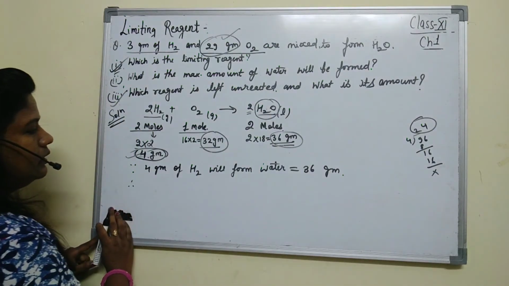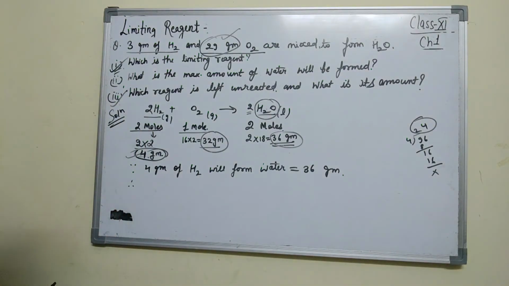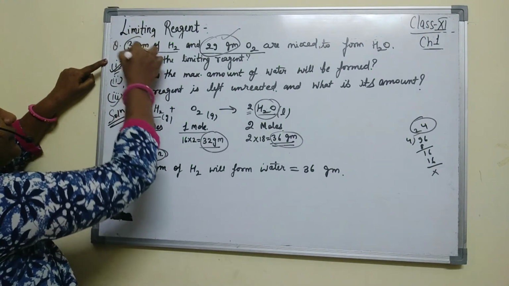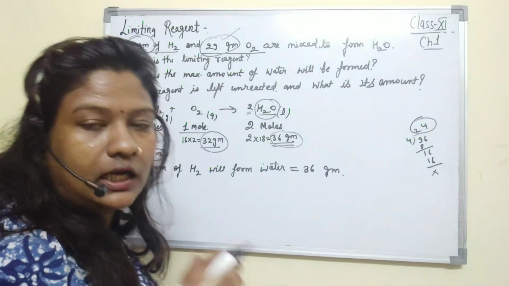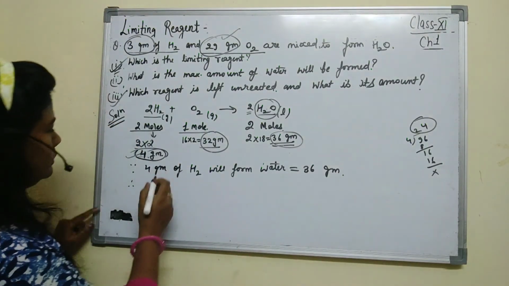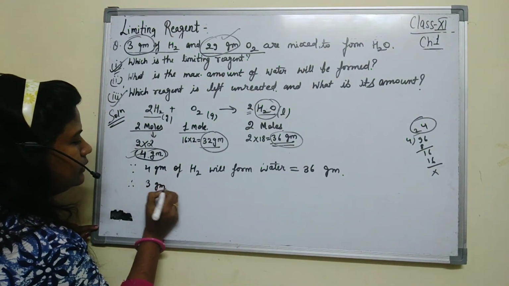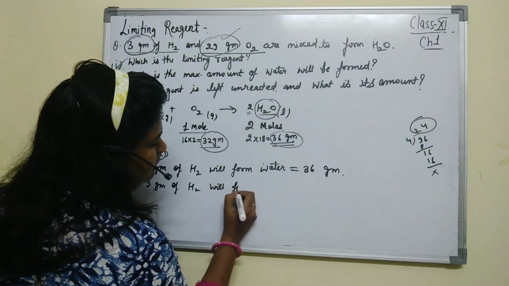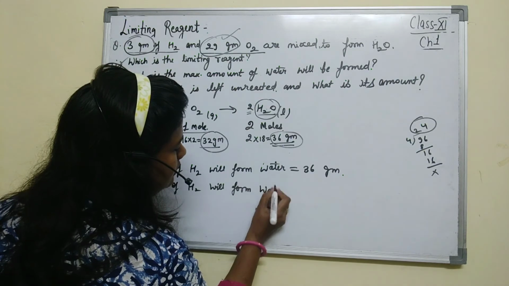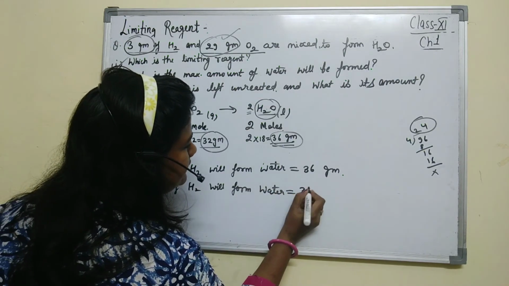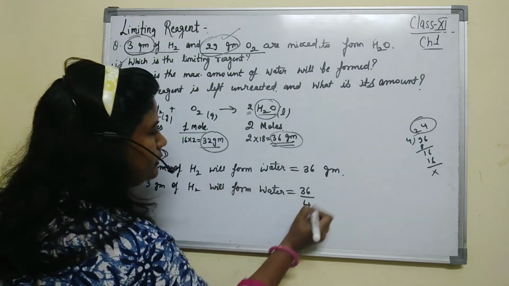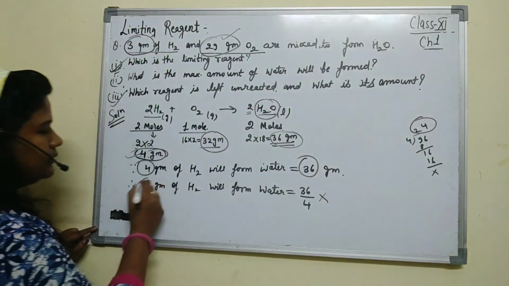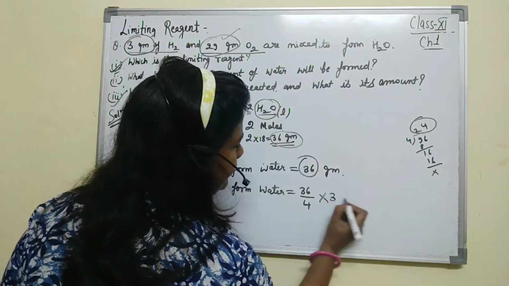Therefore, 3 gram of hydrogen, because only 3 grams of hydrogen are given in the question, will form water equal to 36 divided by 4 and multiplied by 3.